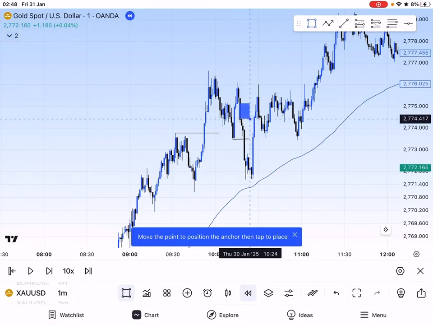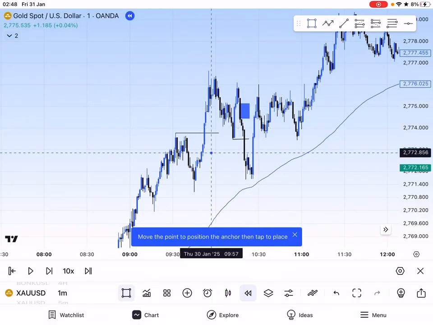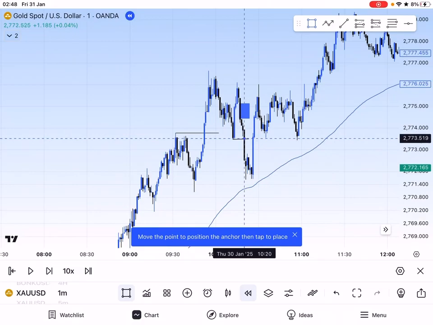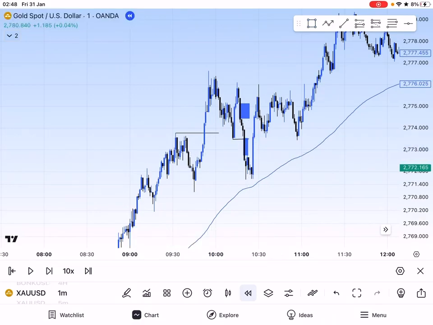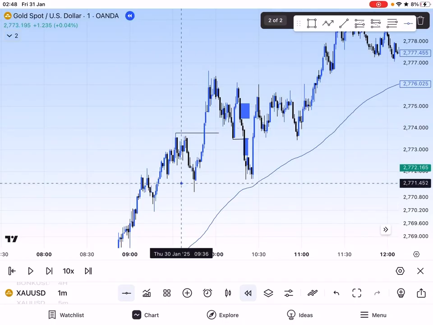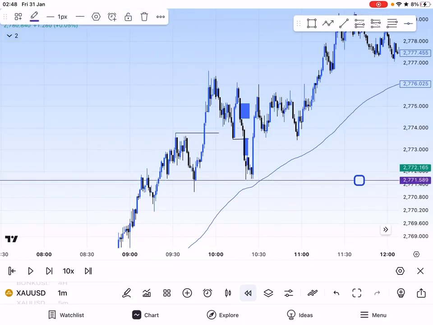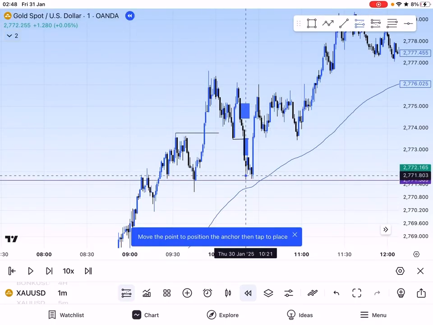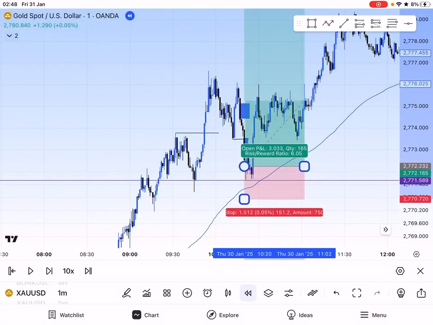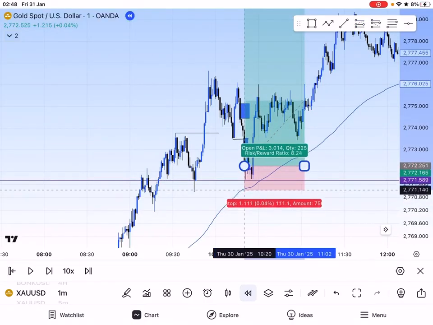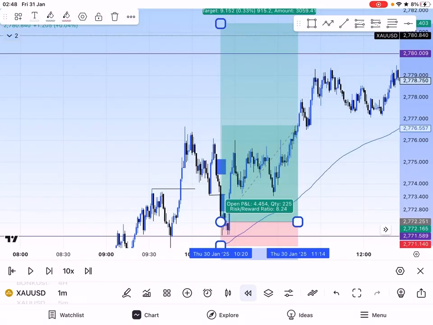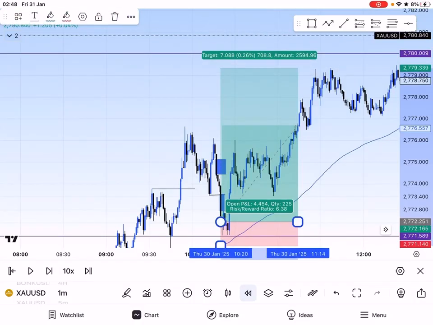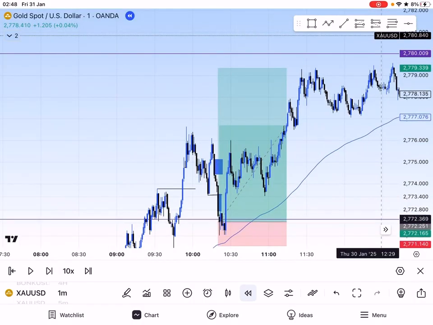This is the imbalance, and this is also the imbalance again. So you can see that it was a bearish momentum move, and it tapped into our SNR zone, and from here, probably here, that's where you would have taken the trade, and you could have caught all of these. So that'll be all for this video.